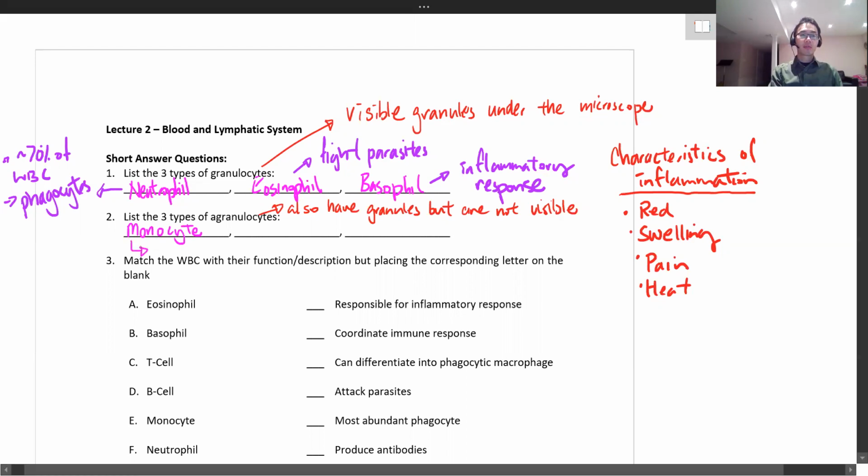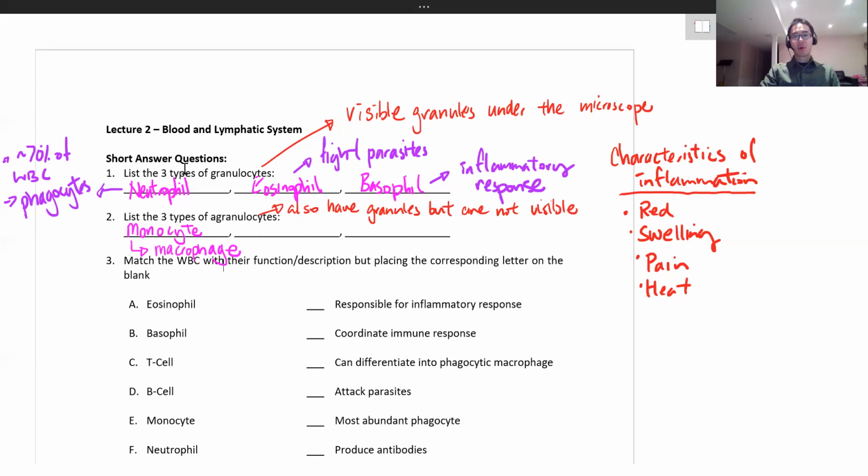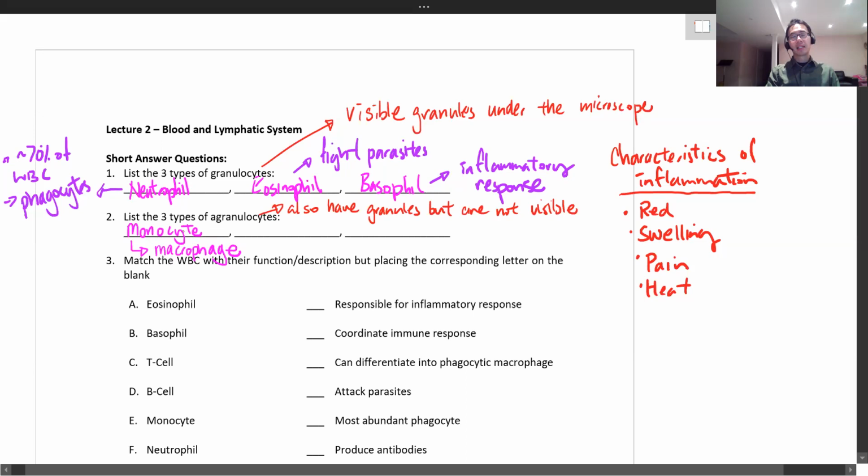They are going to differentiate into macrophage. Macrophage means big eater, right? So another example of phagocytes. This is a one-way transformation. After the monocytes become the macrophage, they stay in that form and continue to fight until they die. Okay, so they only transform if they encounter something that's not supposed to be there.